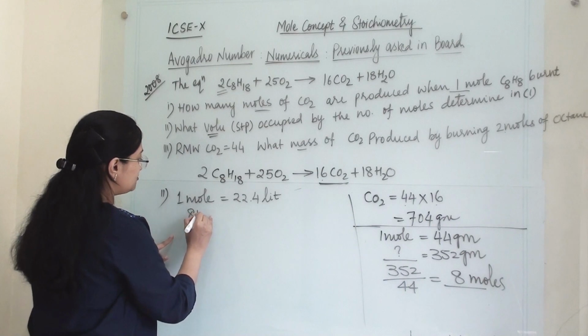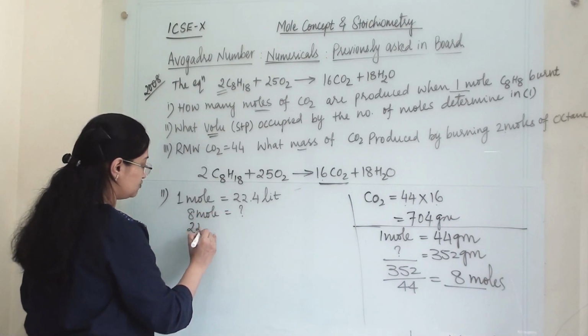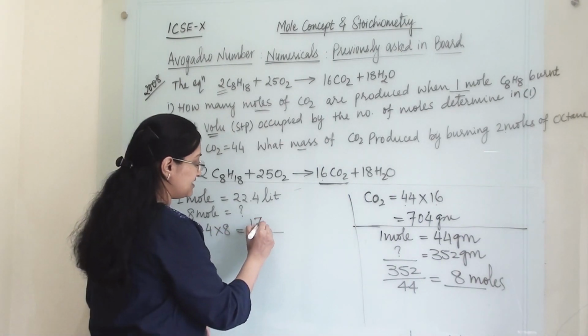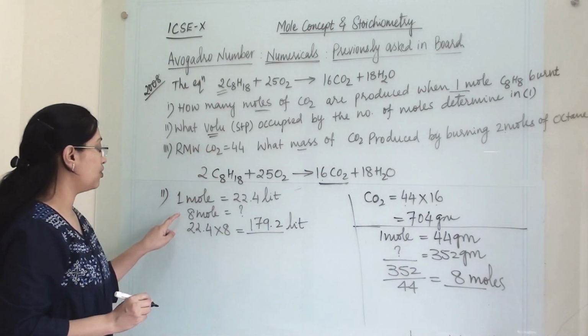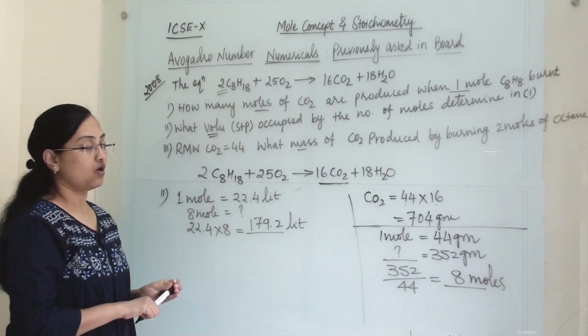Then 8 moles will occupy how much space? So 22.4 into 8. The answer is 179.2 liter. So this will be the answer for the second question, that this much volume of carbon dioxide will occupy.